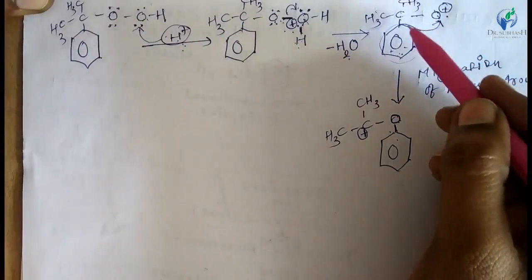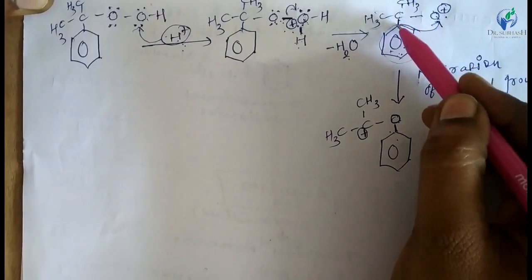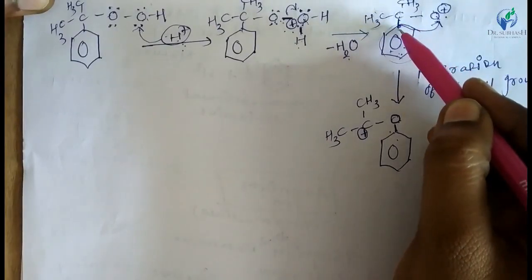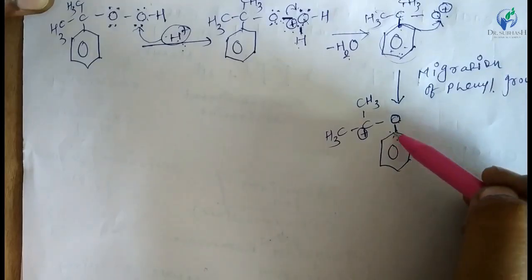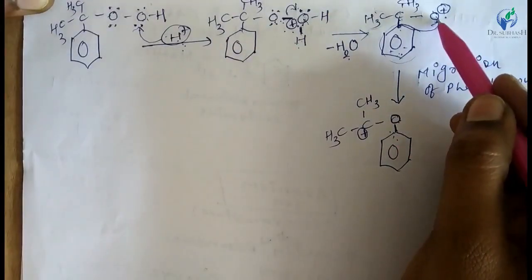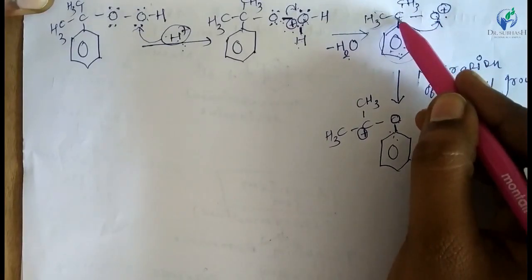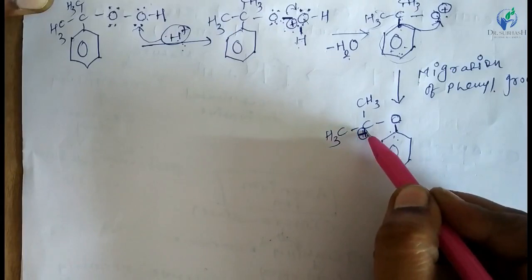How? When the ring migrates to this oxygen, the bond between this carbon and this aromatic carbon is broken down and the electron is taken up by the phenyl ring, and this electron helps to form the bond with this positively charged oxygen, right? That's why this carbon becomes electron deficient and acquires the positive charge.